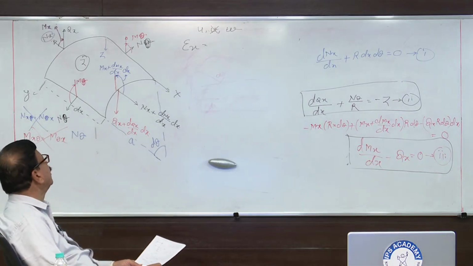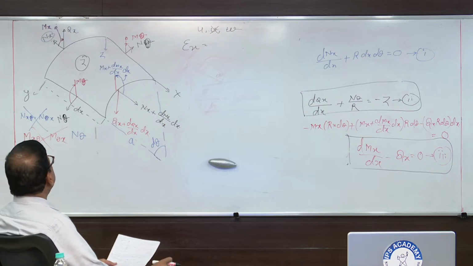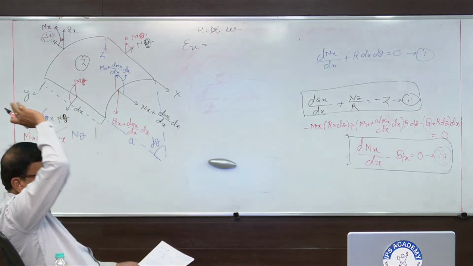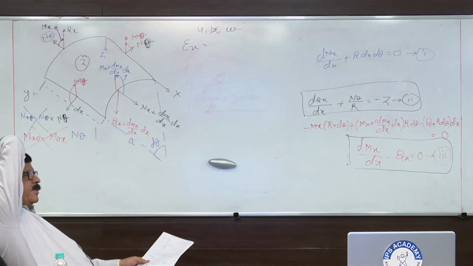epsilon x equals del u upon del x. The first page of our lecture, the first equation.